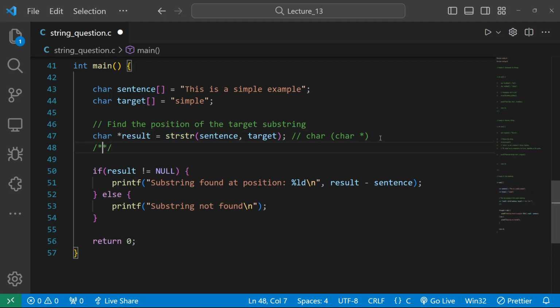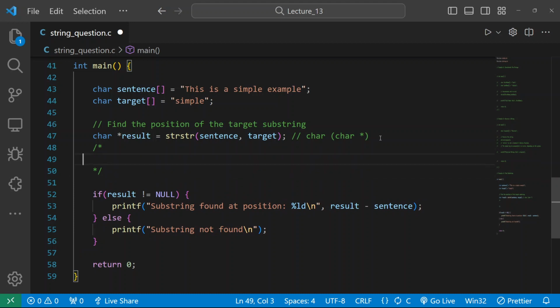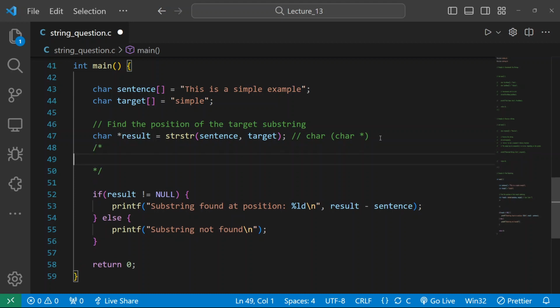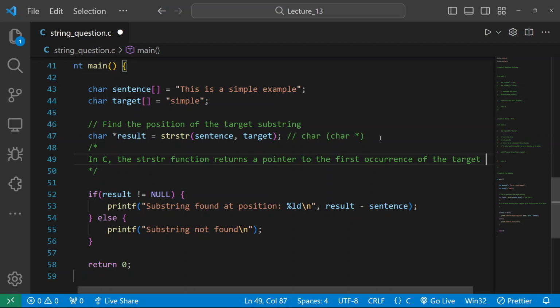Let me write here, it will make things clearer. The strstr function returns a pointer to the first occurrence of the target substring within the given string.